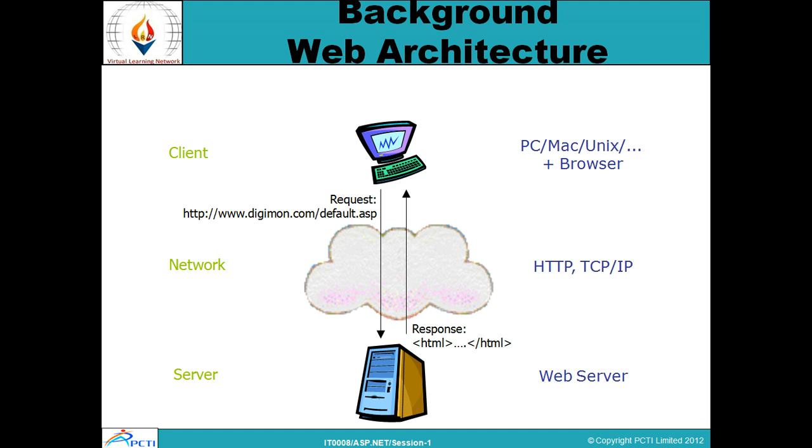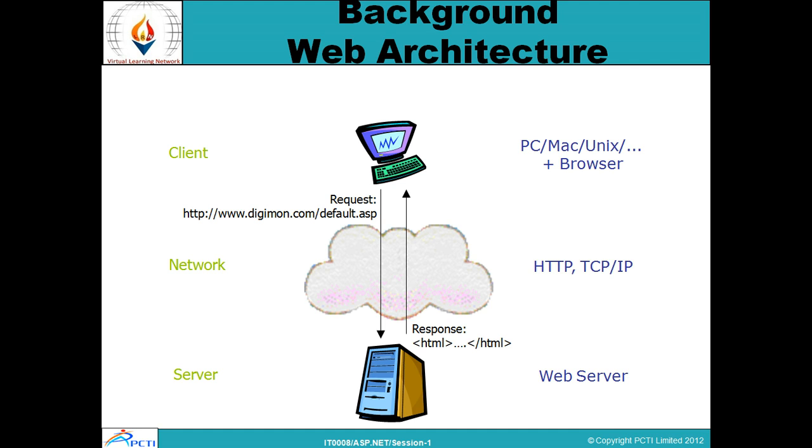Let us discuss some background web architecture first. When we talk about the web architecture, there are three important components. One is the client, another is the server, and to connect the client with the server, we require a network. A client can communicate with the server by sending a request, and that request could be in the form of some URL like http://www.digimon.com/default.asp.